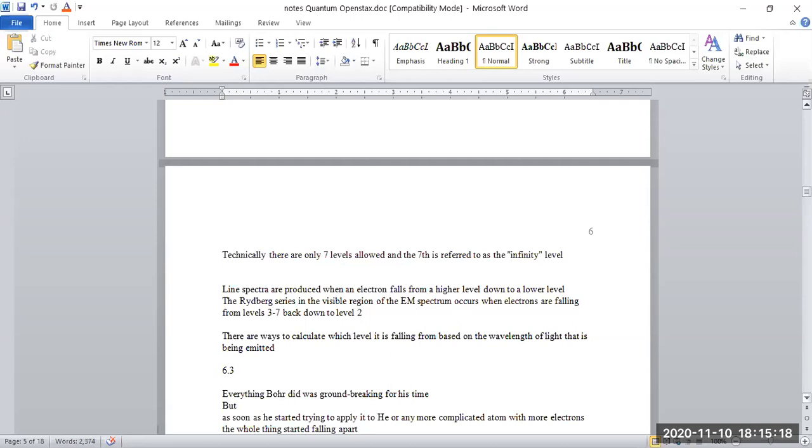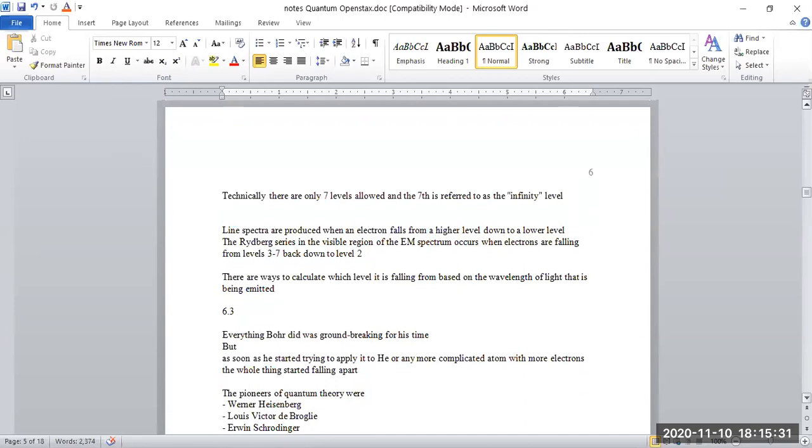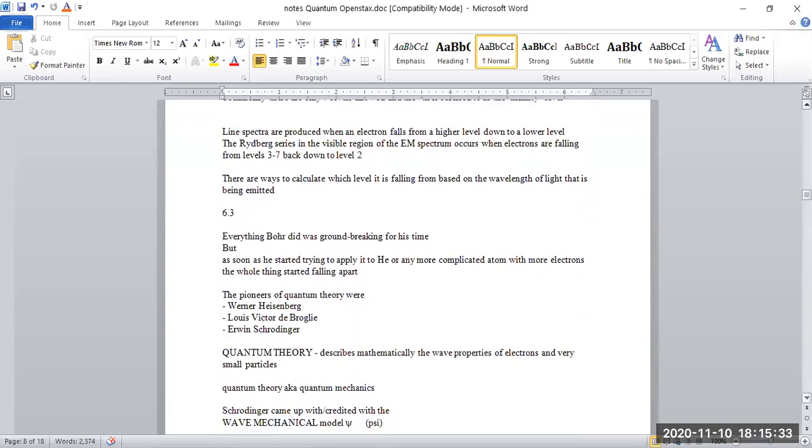Therefore, if you measure the wavelength, you can calculate energy. So all of these pieces are tied together. So Bohr was really ahead of the curve when he first started doing this.